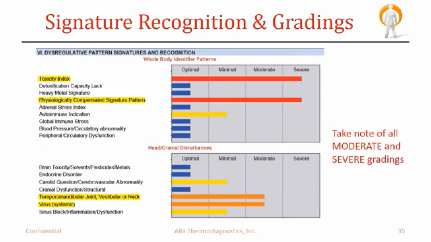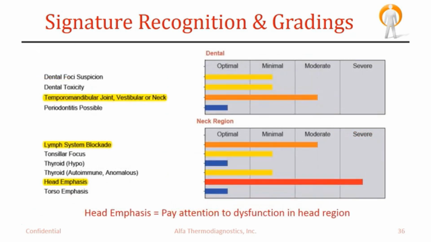Now we have all of the signatures, and you circle the moderates and the severes. So here we have toxicity, physiologically compensated, TMJ, virus, TMJ again, lymph, head emphasis. So this is telling the doctor, hey, especially look at the rest of the body, because if you were a doctor without this method, you might be only paying attention to the abdomen or the liver, and it's very necessary to clear also what's happening in the head region.